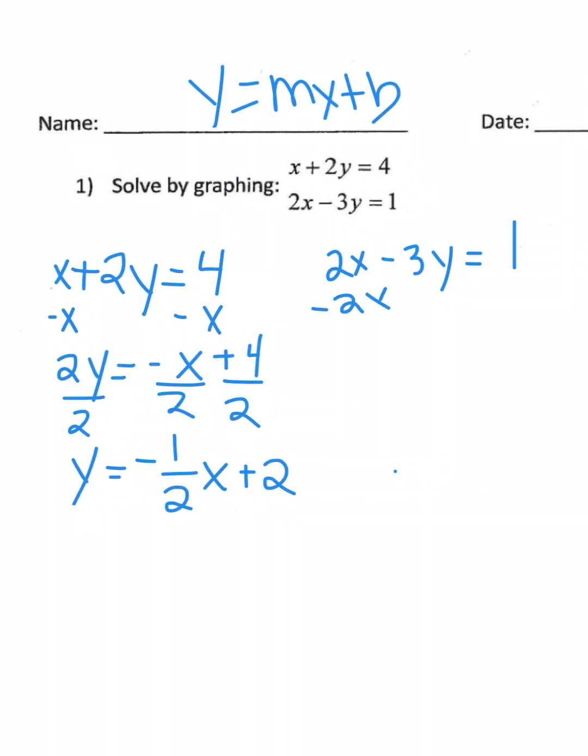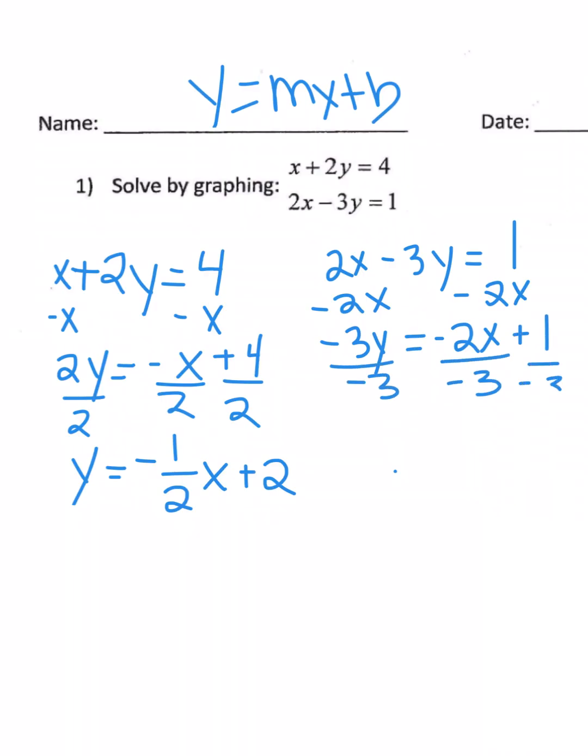I'm going to subtract the 2x over to the other side, and then divide everything by -3. Remember that two negatives are going to turn that into a positive 2/3 x. And if one's positive and one's negative, that's going to turn it into a negative. Oops, that's supposed to be a 1/3.